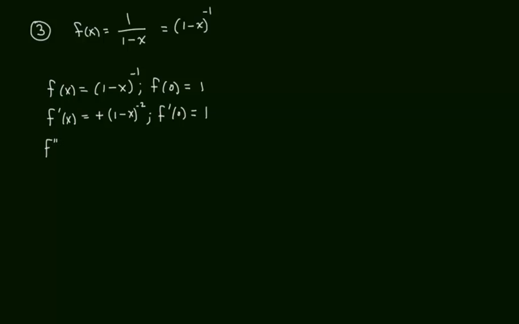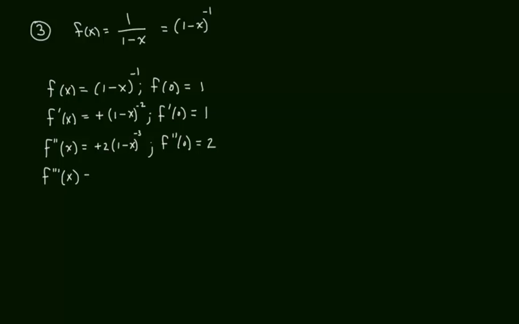Let's take a look at the second derivative. So again, the negative 2 comes down. 1 minus x to the negative 3 times negative 1 for chain rule becomes a positive again. F double prime at 0 comes out to be 2 times 1, or simply 2. I would definitely like to do at least one more.